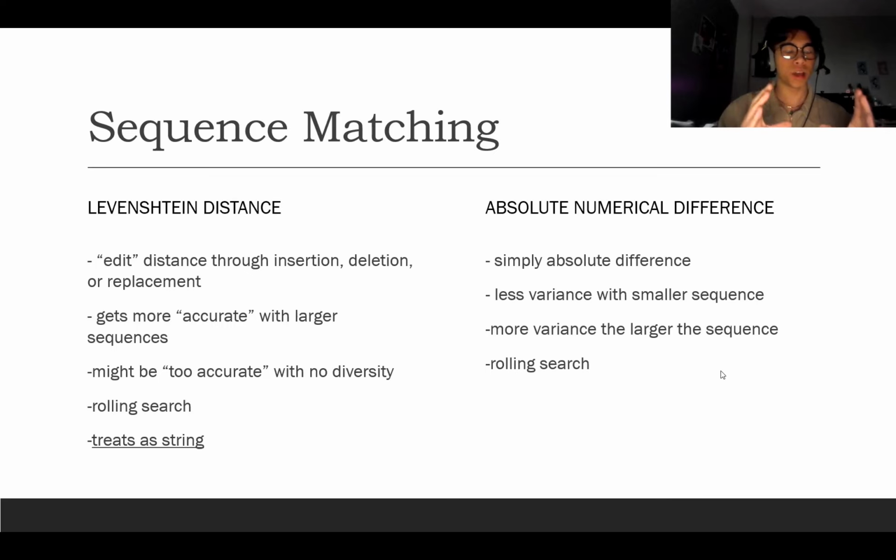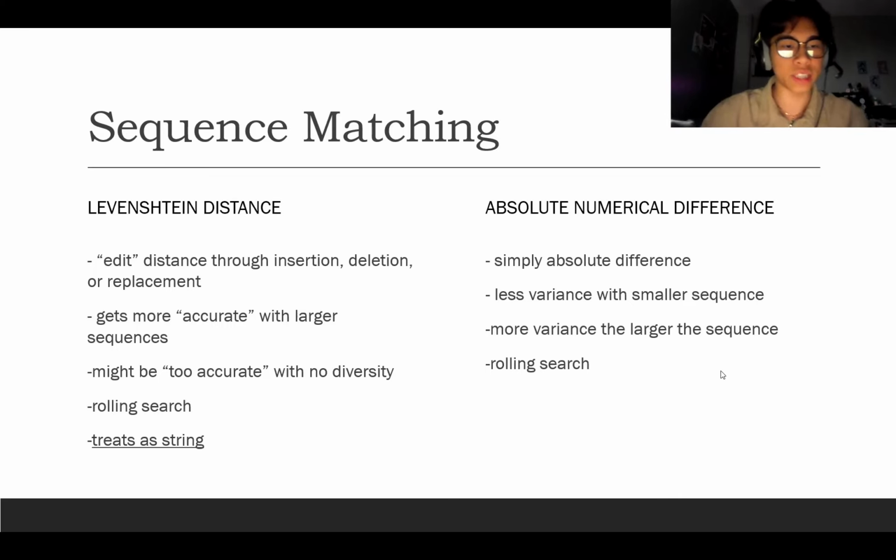What is the minimum amount of change that you can make to 100 to change it to 80? First, you replace the 1 with an 8 through replacement, and then you delete the 0. So it'll have an edit distance of 2 because there are 2 edits made in order to change 100 to 80.